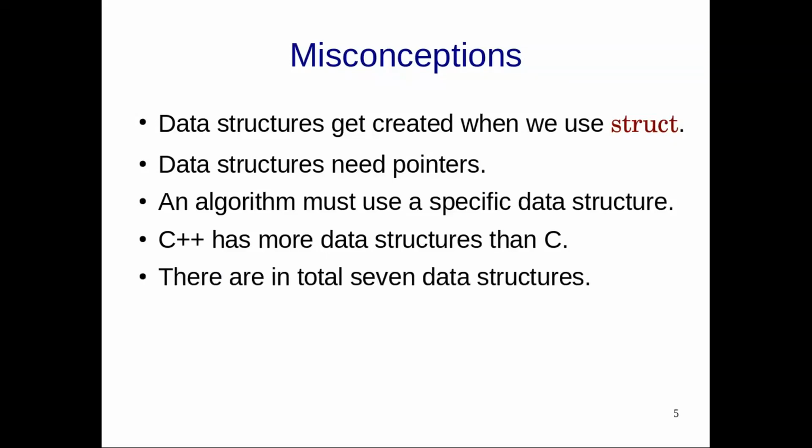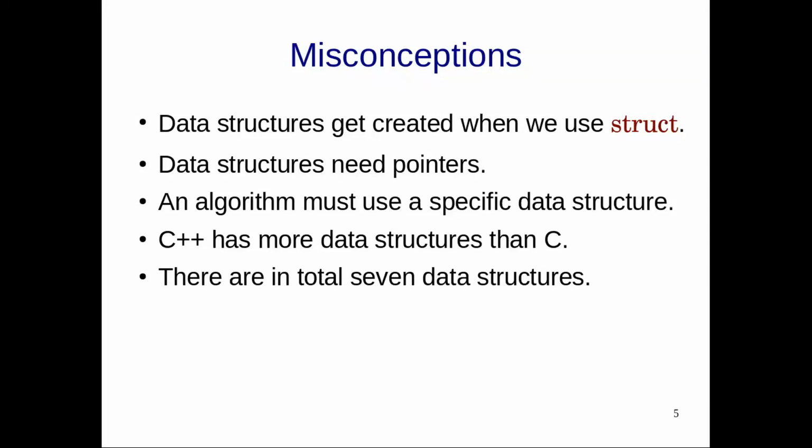And there are in total 7 data structures? Well, there is nothing like that. It's just that there are some fixed data structures which are more like standard, which we usually study in PDS. But then there is a large set of other data structures which might be useful in specific contexts. When you write a particular application, you yourself might create different data structures.